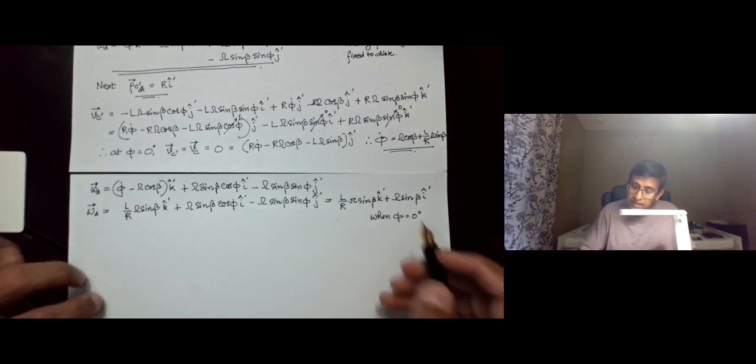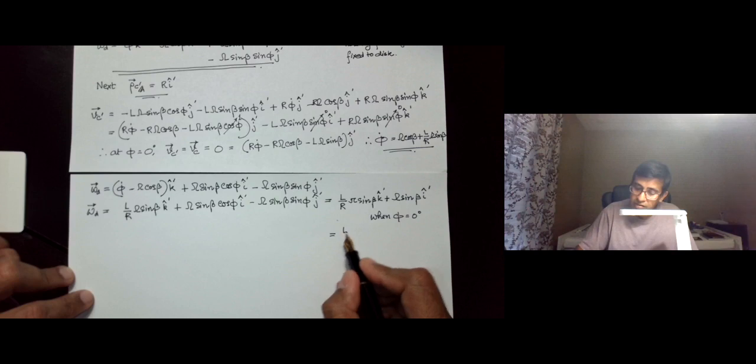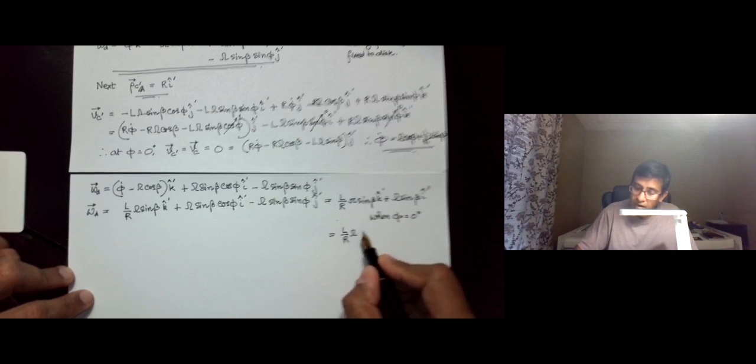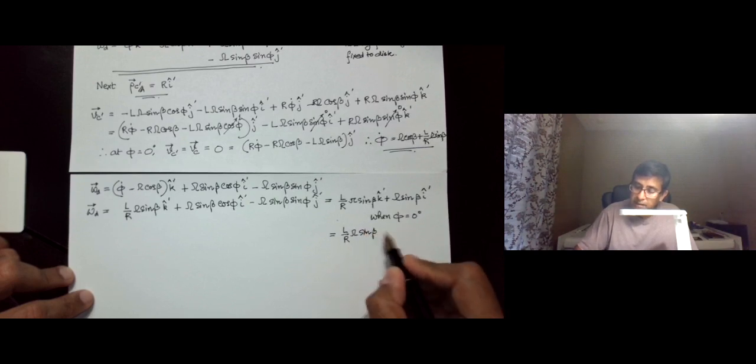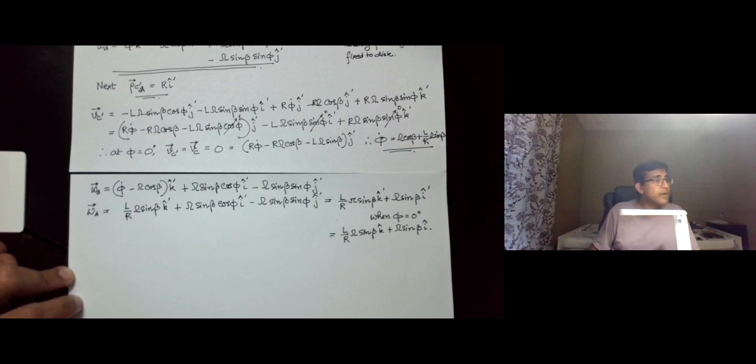So that is expected. Of course, we should say that when phi equals 0, this reduces to L over R capital Omega sine beta k plus capital Omega sine beta I. Okay, so we have our expressions for the angular velocity.